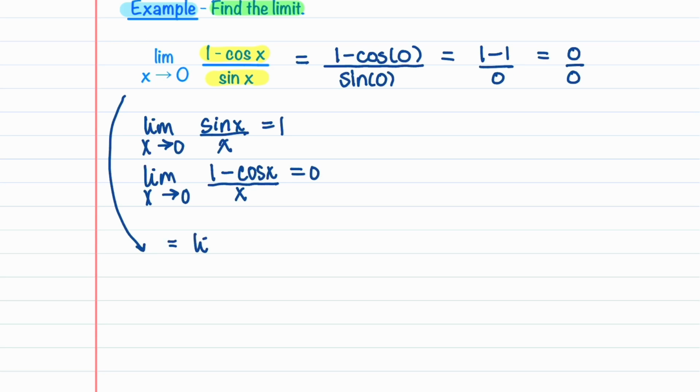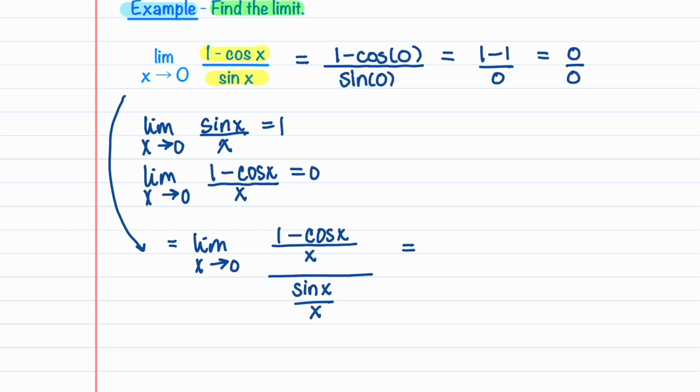So this is the limit as x goes to 0 of 1 minus cosine x all divided by x, all divided by sine x divided by x. We can do this algebraically because we're dividing both the numerator and the denominator by x, so it's just like multiplying by 1.